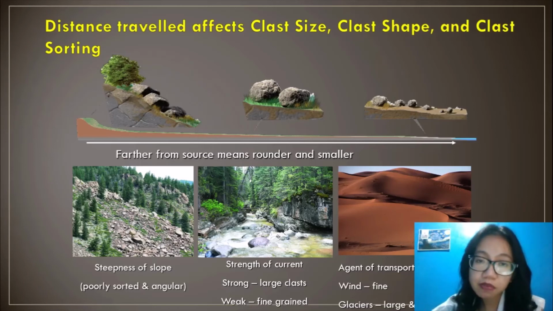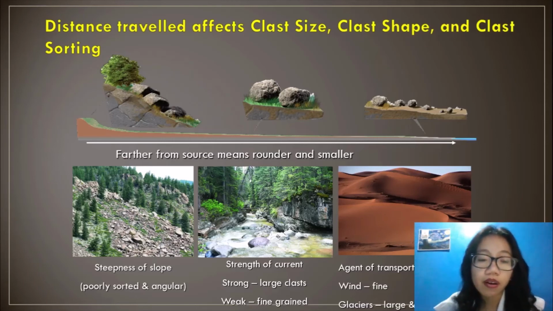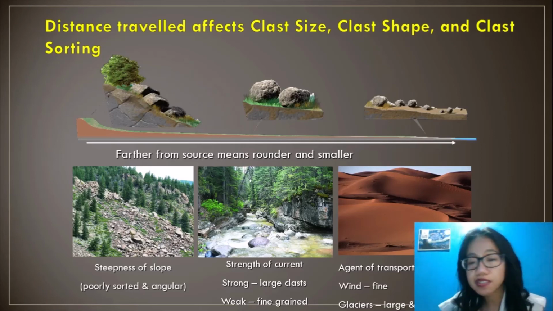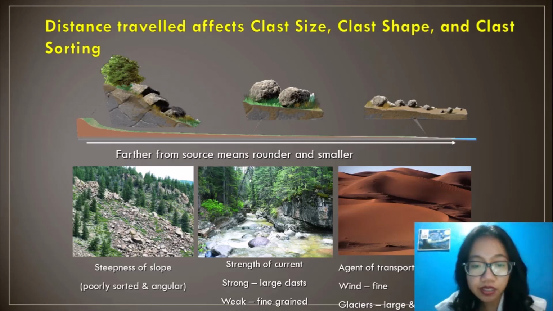If there is mass wasting or erosion on a steep slope, it will create poorly sorted and angular rocks or particles. If there are strong currents present in the mass wasting or erosion process, it can transport large rocks. If it's weak, you will have fine-grained materials involved in your mass wasting or erosion event.